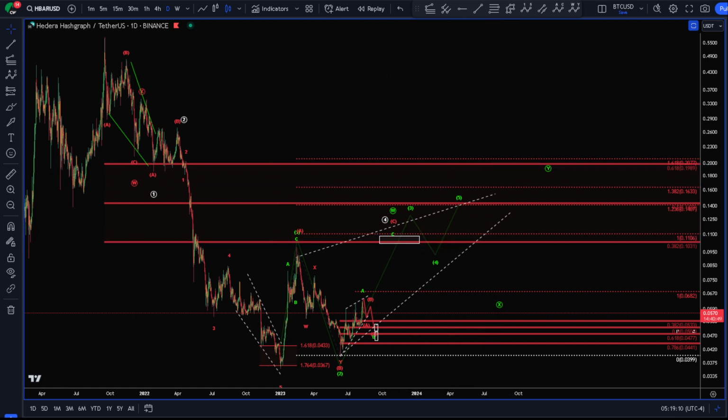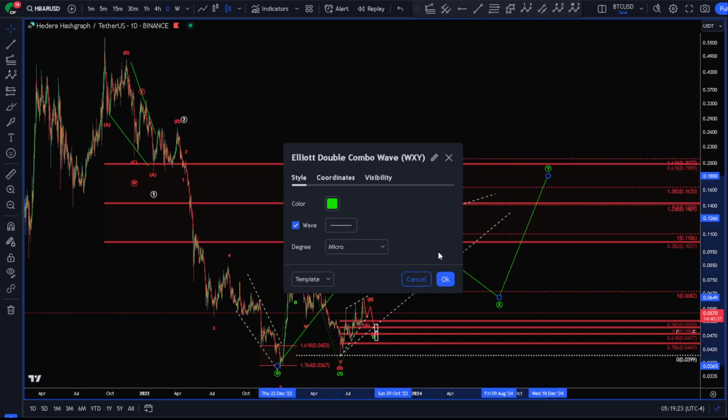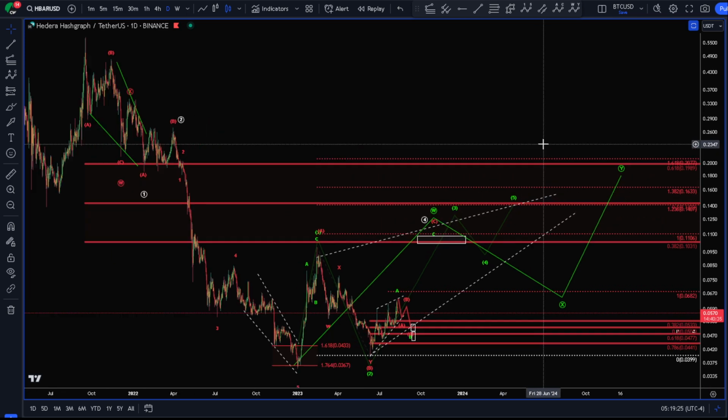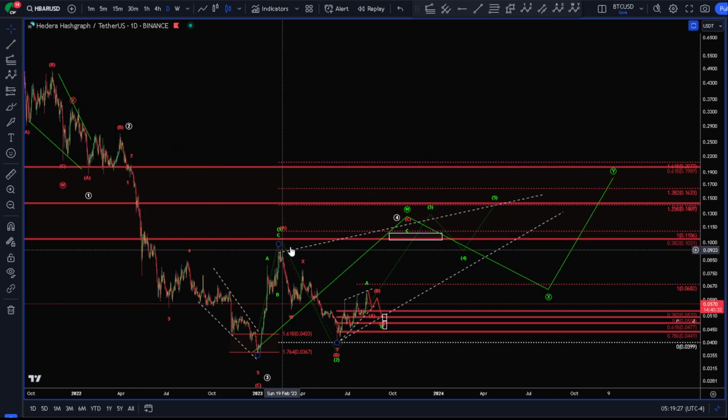And this is the big area we need to be aware of. This is where the potential fourth wave to the more downside is. This is also the area where we could just get a complex correction where we get an ABC up followed by an ABC back and another ABC up.